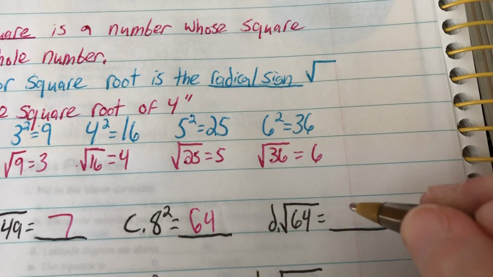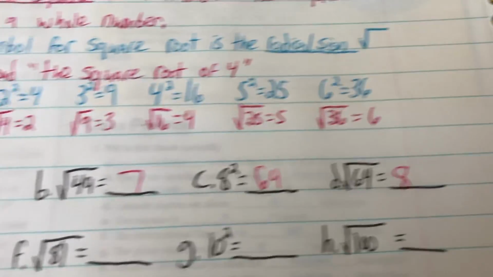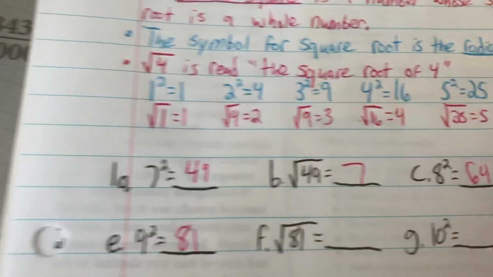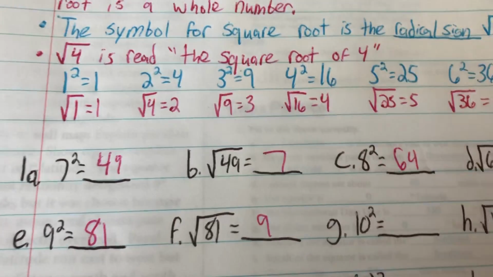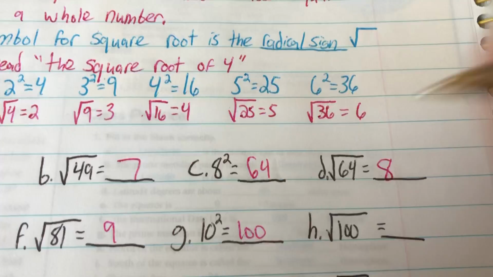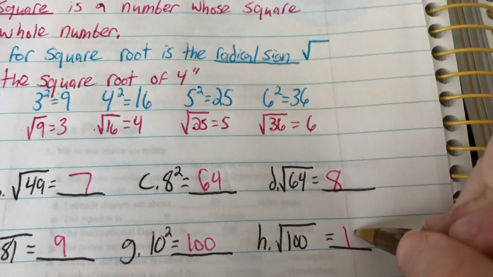The square root of 64 is 8. 9 squared, 9 times 9 is 81. The square root of 81 is 9. 10 squared, 10 times 10 is 100. The square root of 100 is 10.